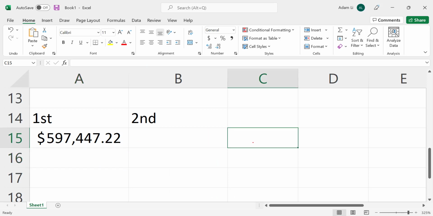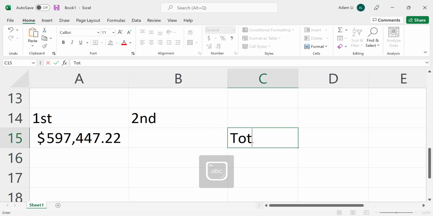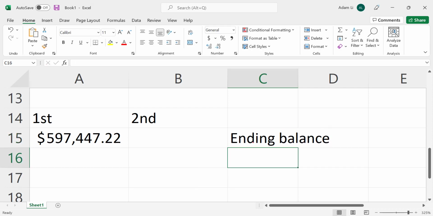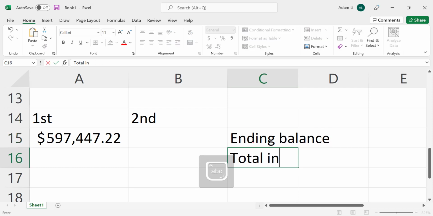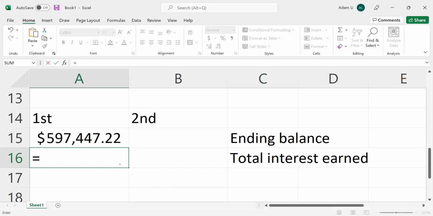Interest earned. First one is balance. Second one is total interest earned. So this would be $597,447.22 minus $300 times 480.